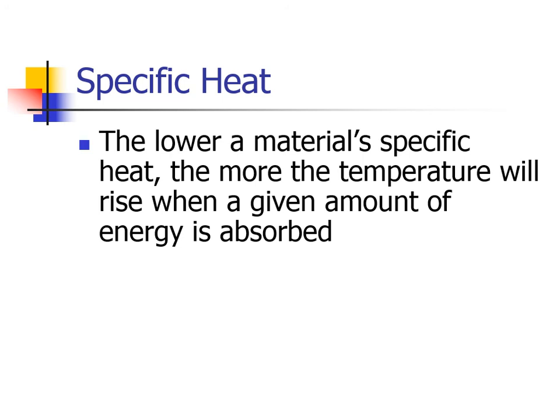So if we go back to our example of the pan and the water, even though they're both on the burner for the same amount of time, the pan gets really, really hot, the water not so much. It's much easier to raise the temperature of the pan than it is to raise the temperature of the water.